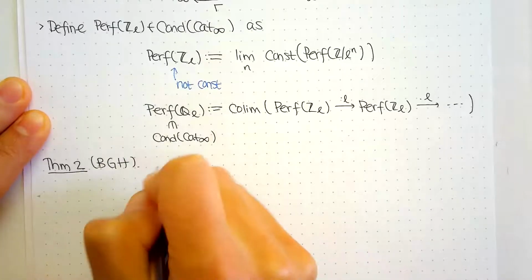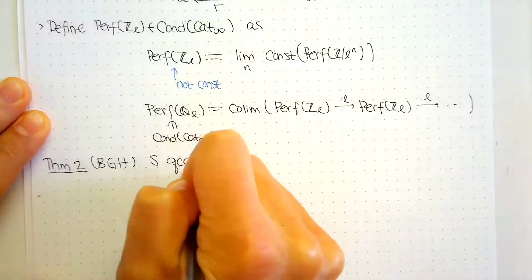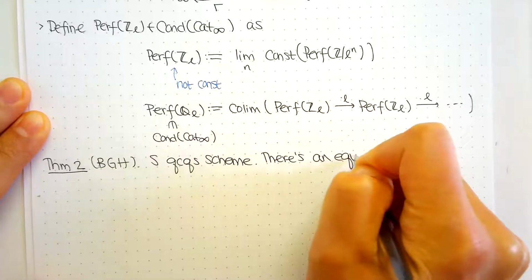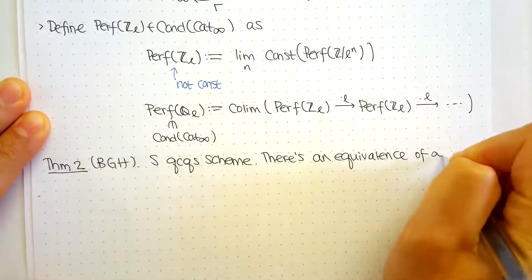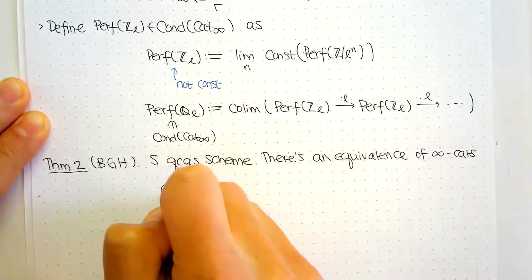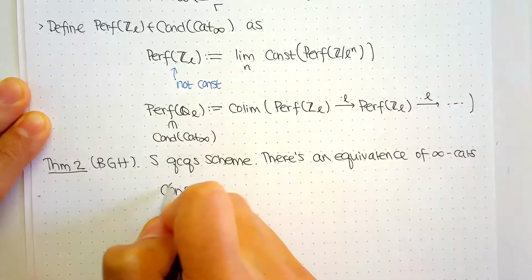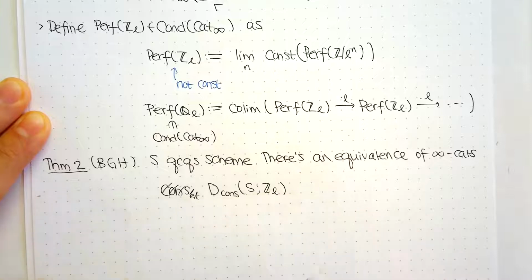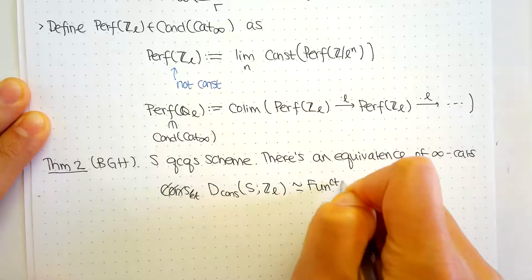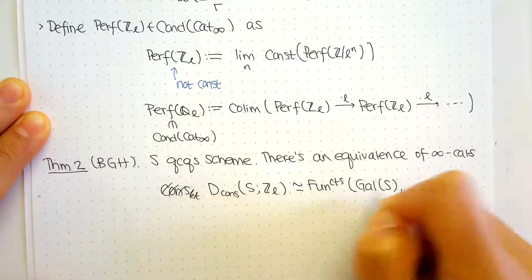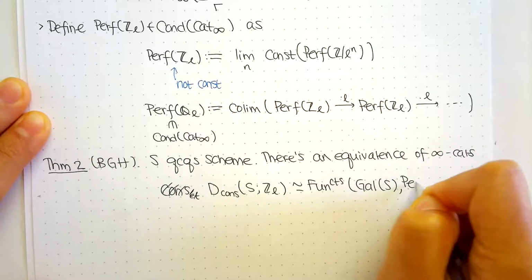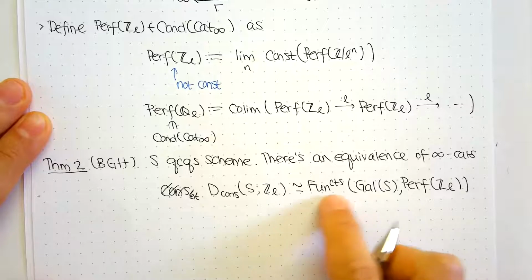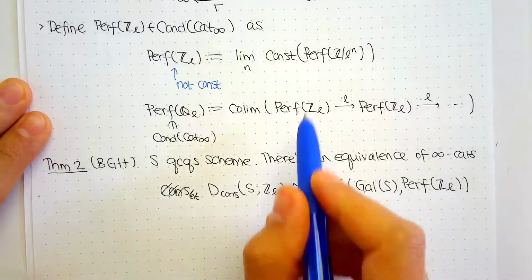Again, if S is a QCQS scheme, then there's an equivalence of infinity categories between constructible sheaves on S, the l-adic sheaves, maybe let me write this the way that I wrote it before, and on the other hand, functors that respect the condensed structures from this pro-finite category I defined, which you can regard as a condensed category, to this perf Z_l from up here.